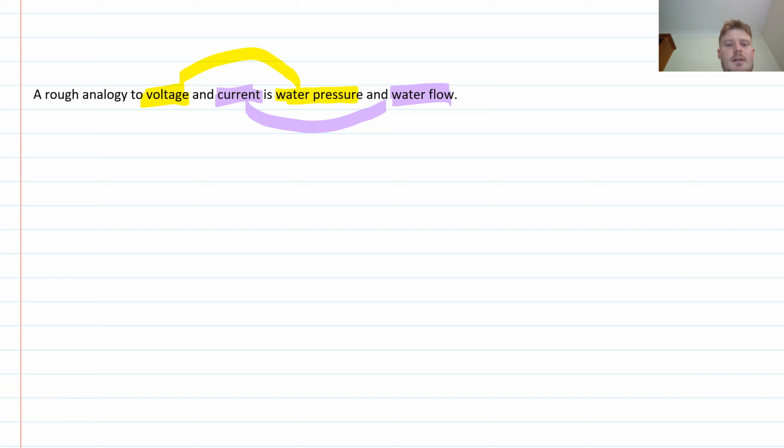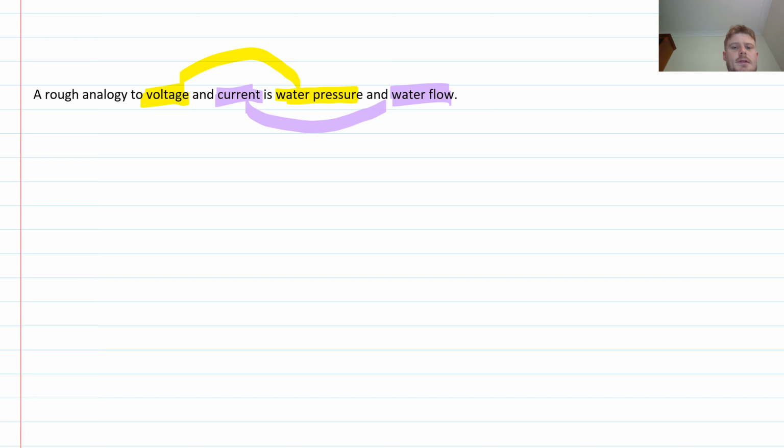So just creating that link. This is a pretty rough analogy, not an accurate physical picture, but it might be a useful mental image when you're trying to understand the way that electricity actually works.